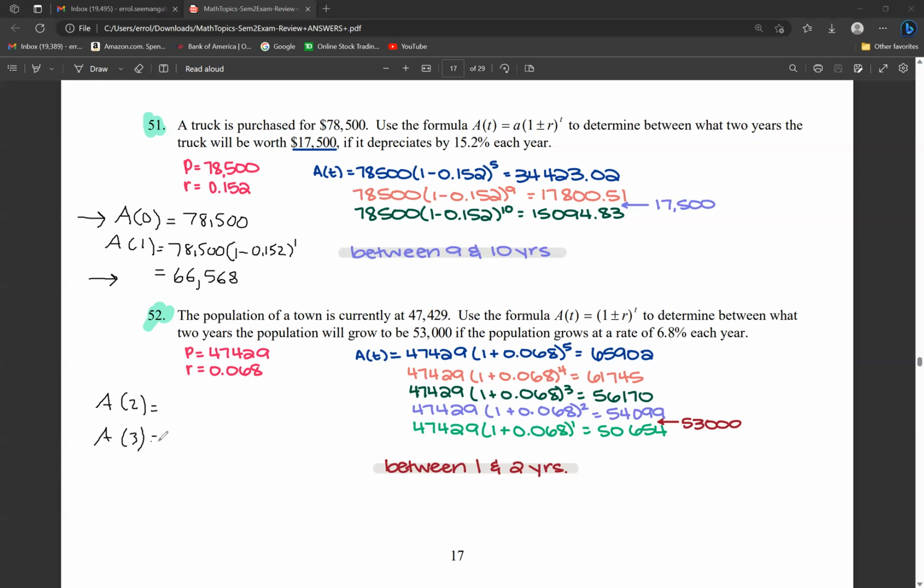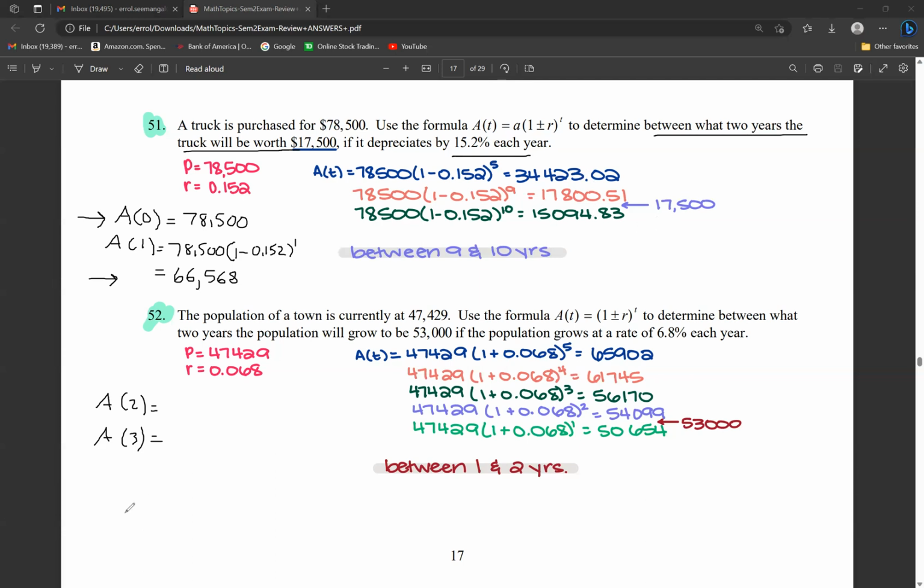So what she did was she skipped straight to A5. Okay, so now A5 is the value 34,000. The question is, between what 2 years will the truck be worth 17,500 if it depreciates by 15% every year?